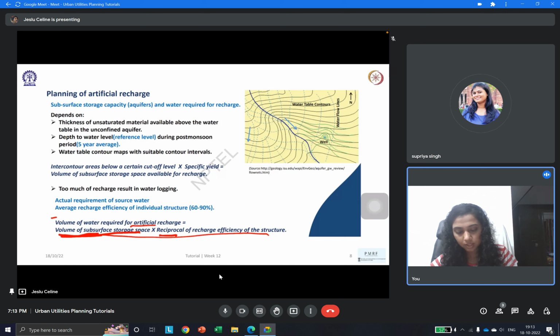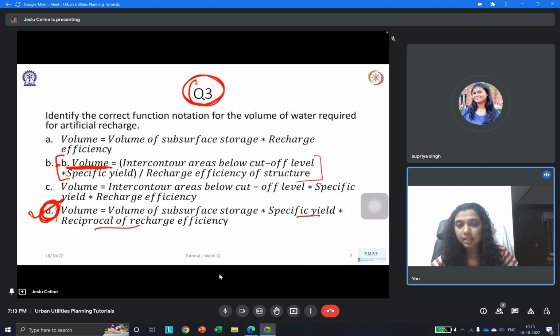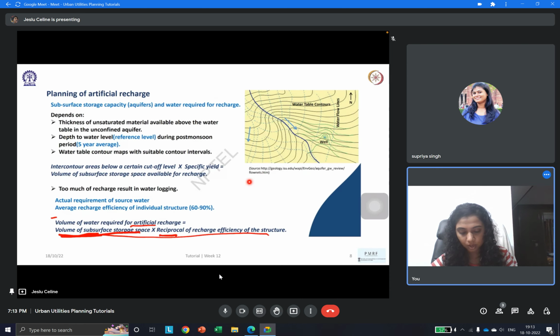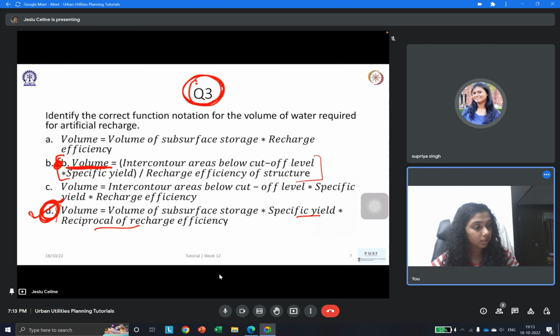Okay, this question I will just keep a mark on. I'll put it in the discussion forum: what is the answer for this? Because in the slides there is intercontour areas below cutoff, so volume of subsurface storage. I'll get back to you regarding this question.